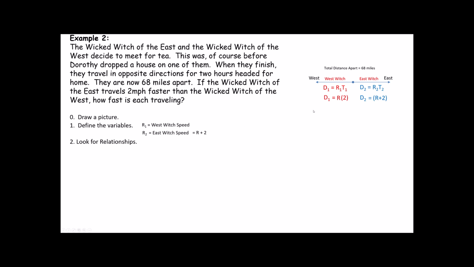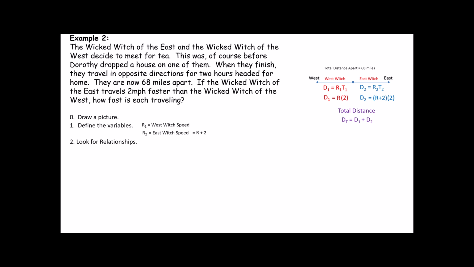Technically I'm using substitution here, where I'm replacing that R2 with the R plus 2. I do know the Wicked Witch of the East's time. Two separate equations, one for the West Witch, one for the East Witch, and then of course my total distance is the sum of their two distances because they're going in opposite directions.